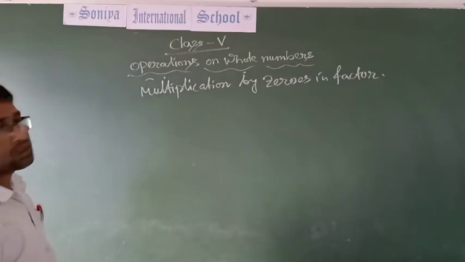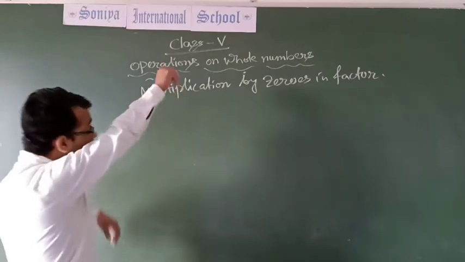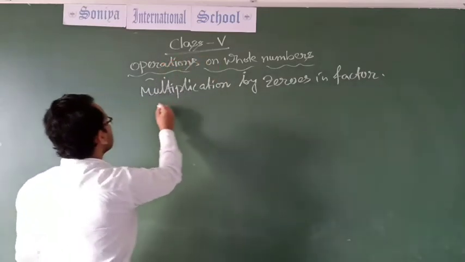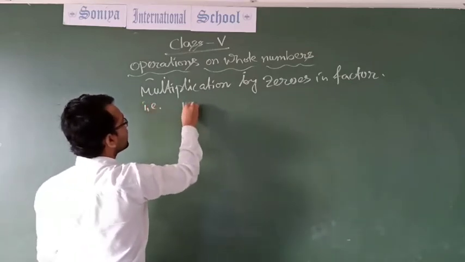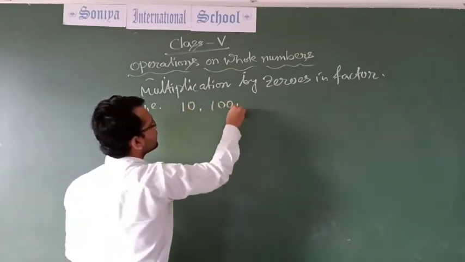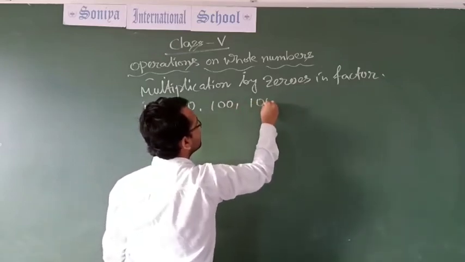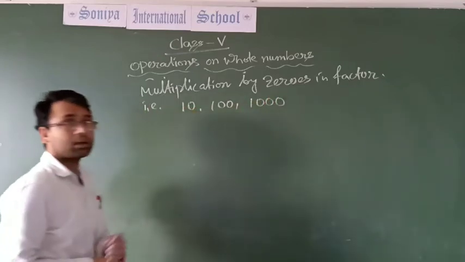Multiplication by zeros in factors, that is tens, hundreds or thousands.